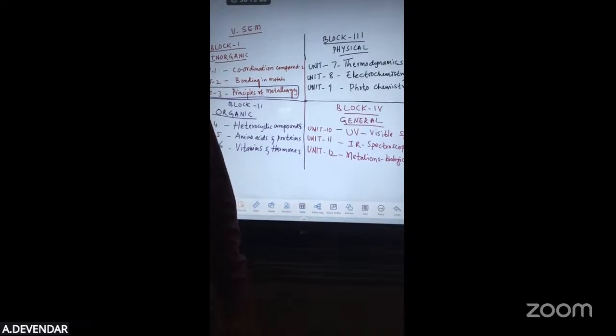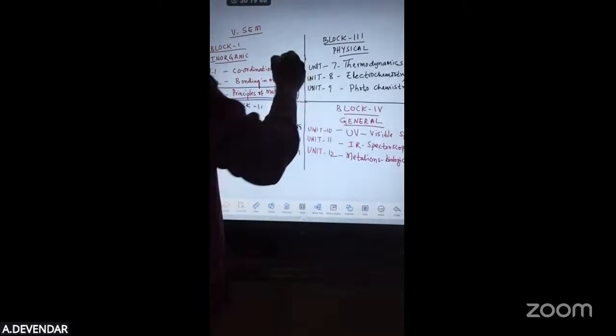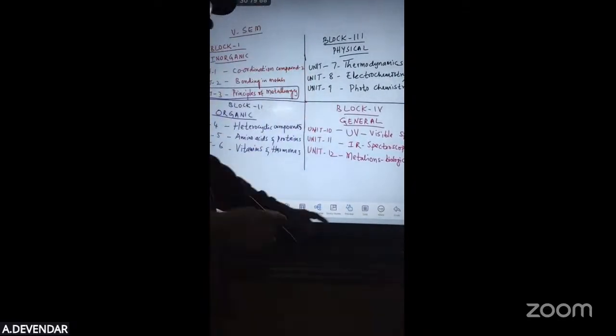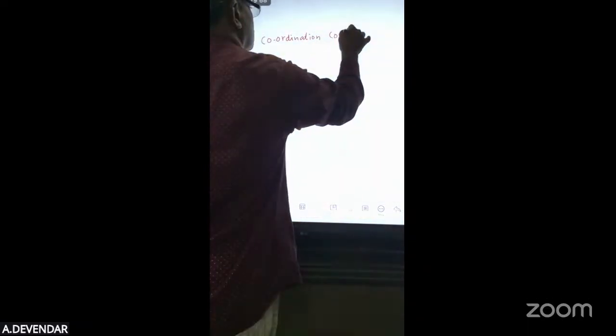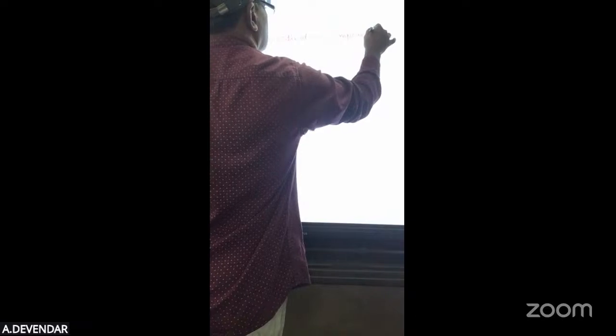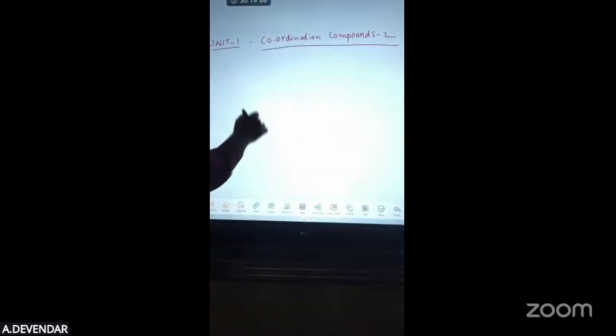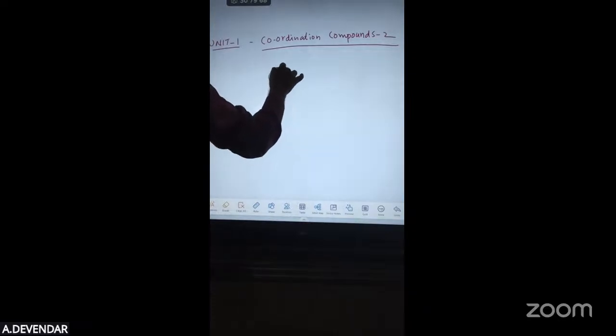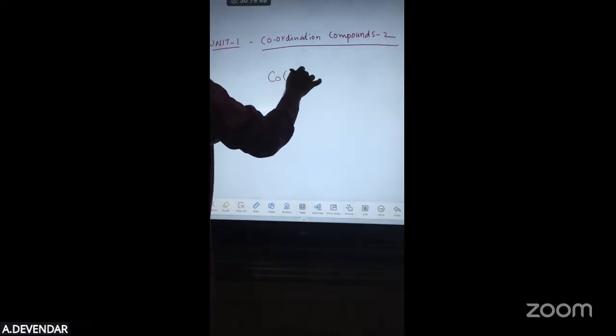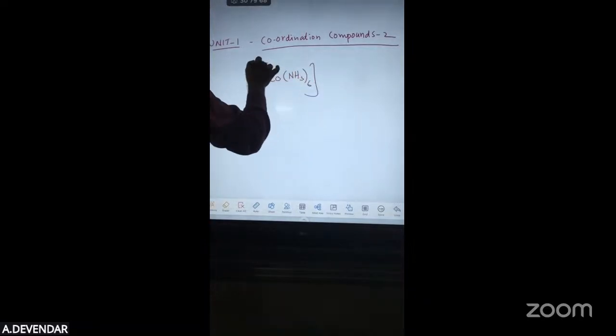Let us take the example of cobalt, coordination compounds, hexaminocobalt.